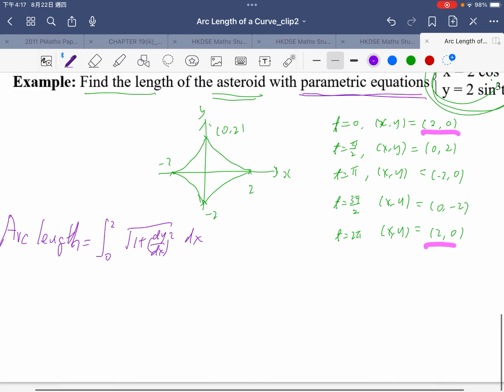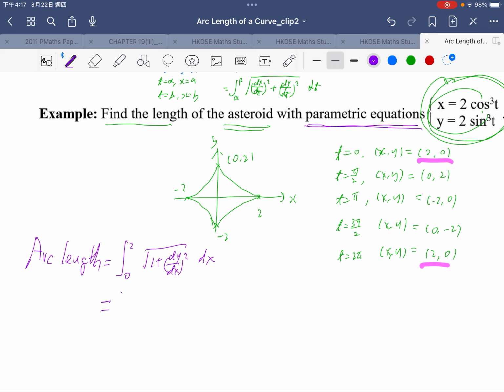Then we change the domain: the point 0 corresponds to t equal to pi over 2, and when x equals 2, the point corresponds to t equal to 0.